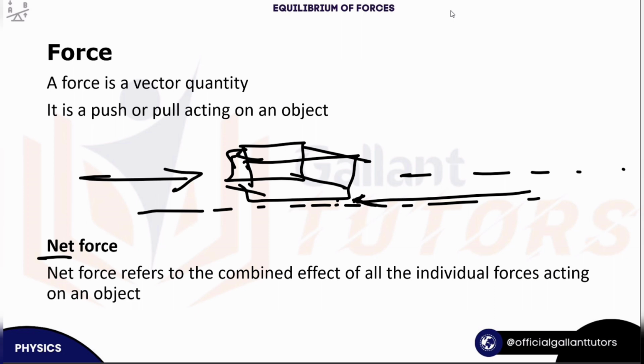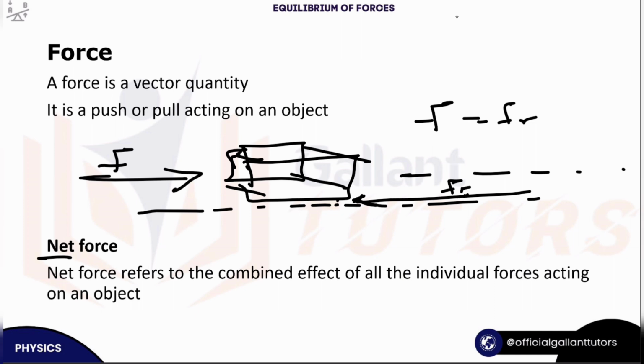Depending on the magnitude of this force, this object might or might not move. If F, the applied force, is equal to Fr, which is the frictional force, you expect this object to be static.